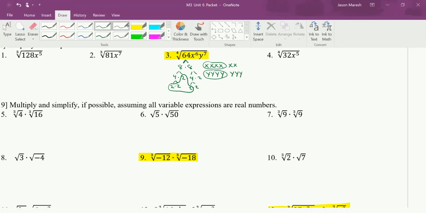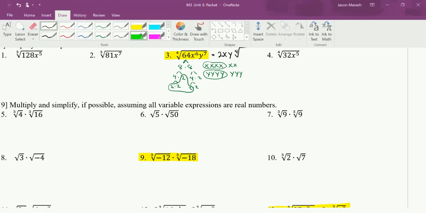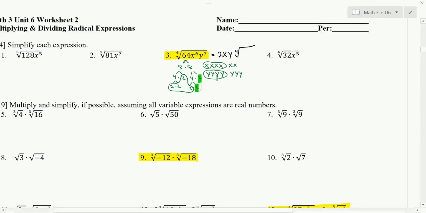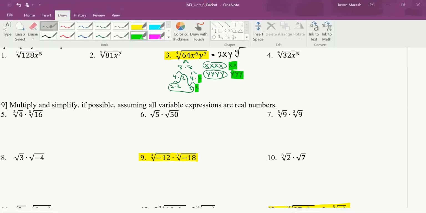So everything I circled we can take the 4th root of, and so we end up with 2xy, and then the 4th root of everything I didn't circle. Well, so we got the 2 times 2, so 2 times 2, and then we got an x squared, and then we got the y cubed, so 4x squared y cubed.